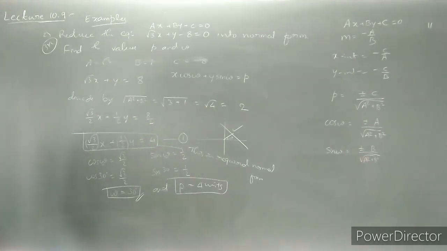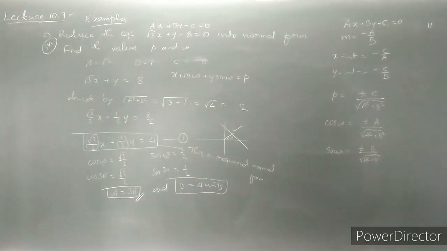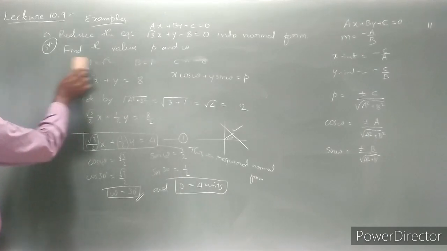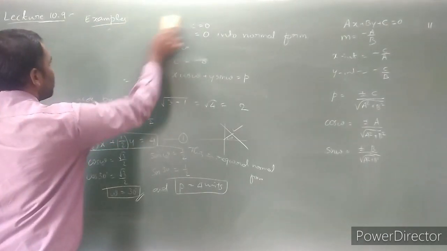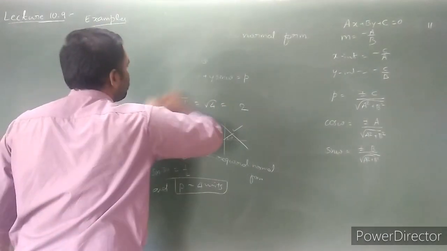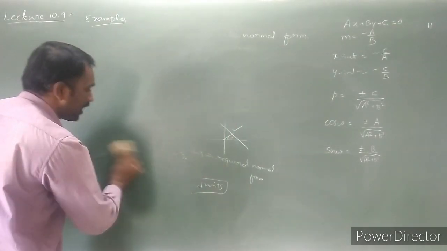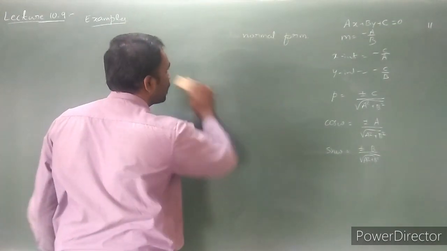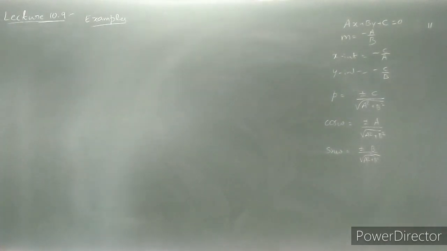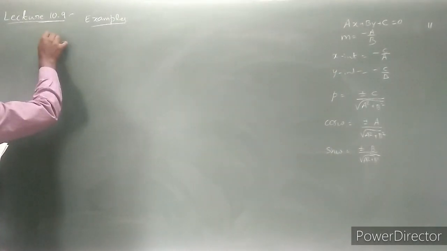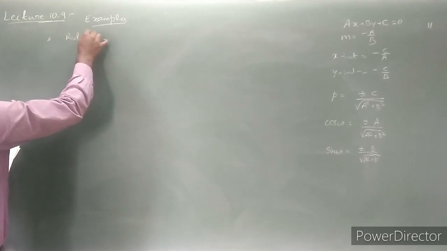Are you clear? In the same manner, one more question you can take, or else while doing the exercise, better to take it here only, because whenever a negative value comes, how will you do that? So the same words are there: reduce it to the normal form. Reduce the following equation into the normal form, that is the exercise problem. I am not going to write all the words.